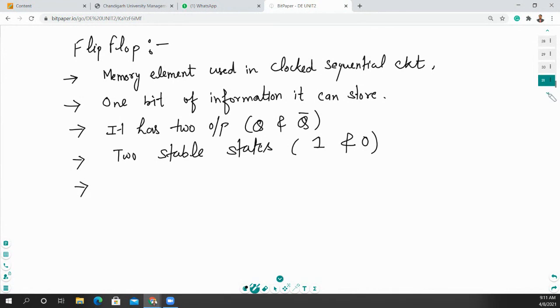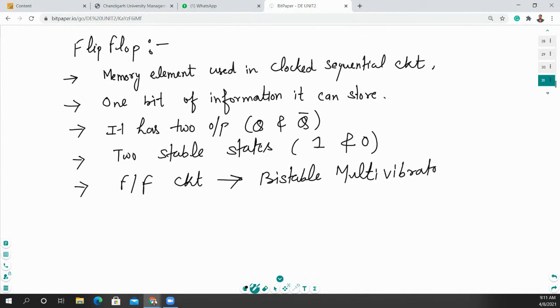Then the flip flop circuit is also known as a bistable multivibrator or latch. What do we mean by bistable?